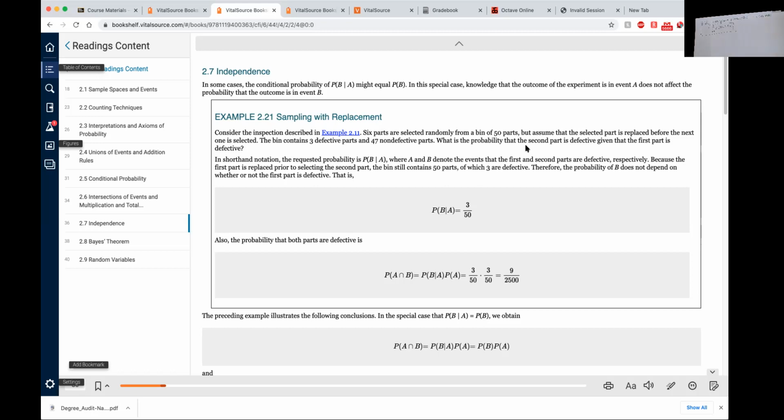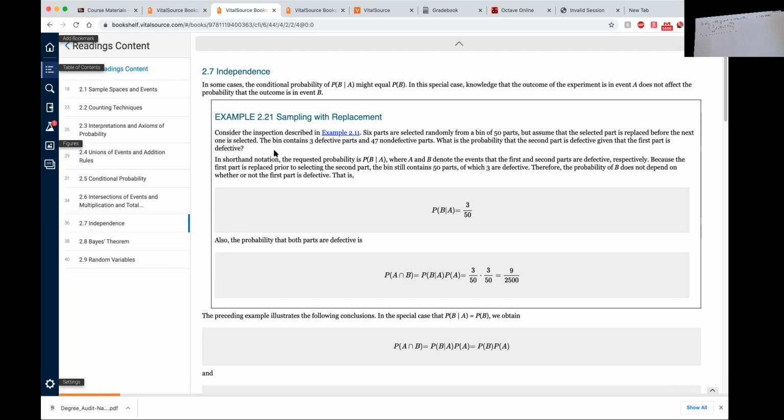What is the probability that the second part is defective given the first part is defective? How many defective parts are in the sample space? 3, because the bin contains 3 defective parts.